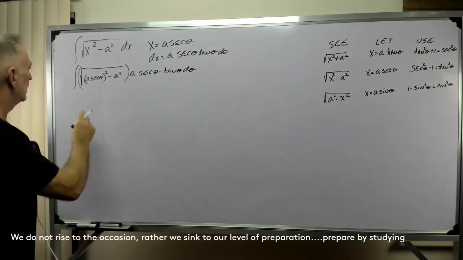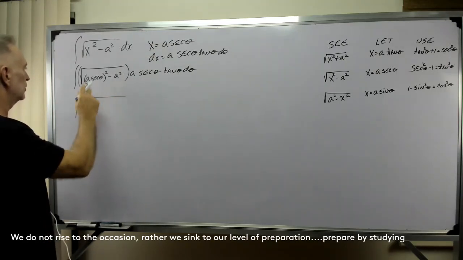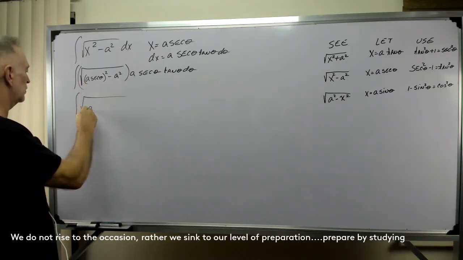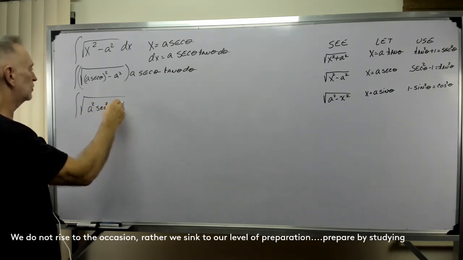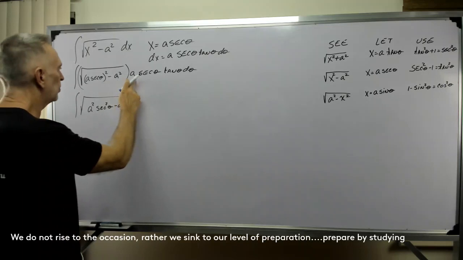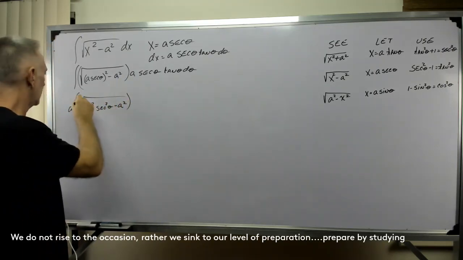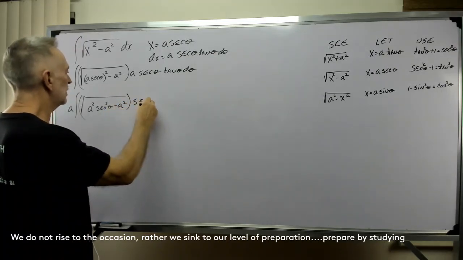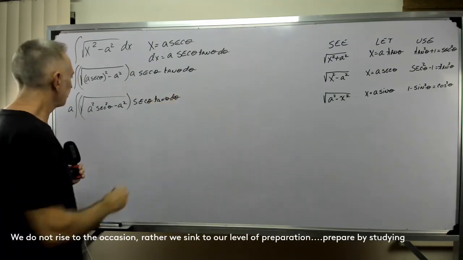Now let's square what's inside here. So I've got a squared secant squared theta minus a squared, and I'm going to pull this a over here to get it out of the way, with parentheses around that, and all of that's times secant theta tangent theta d theta.